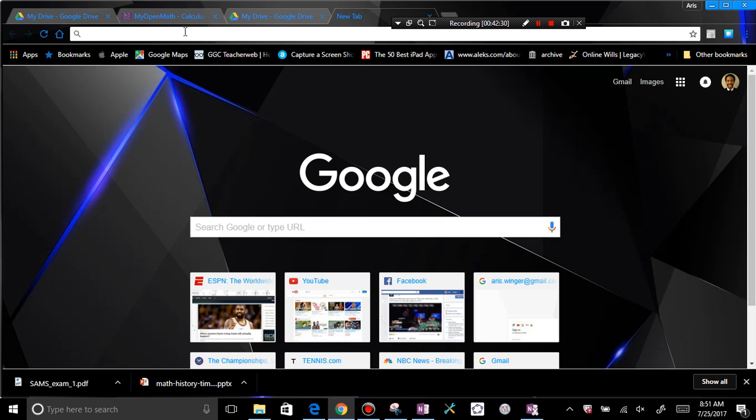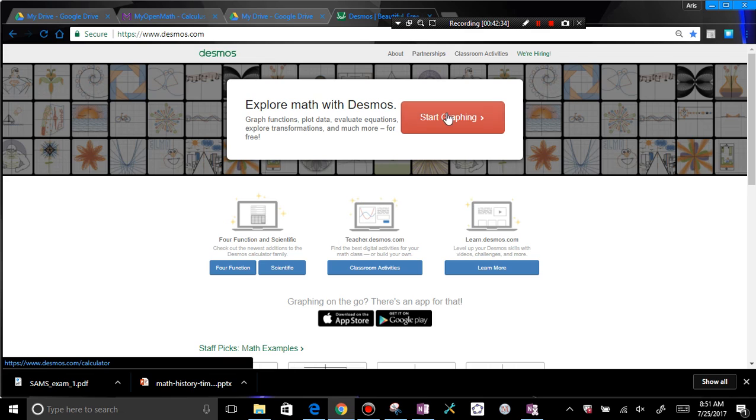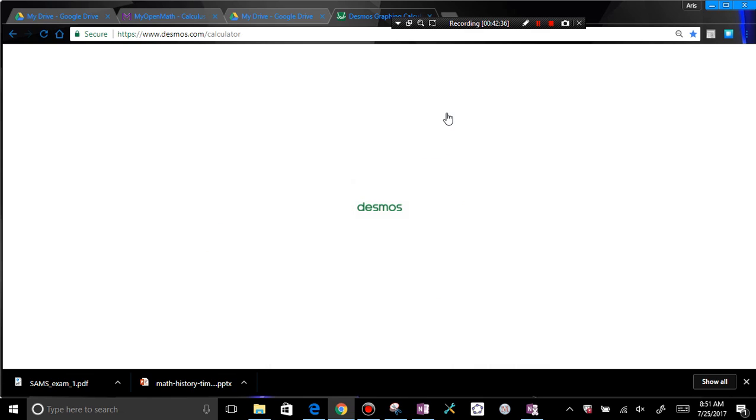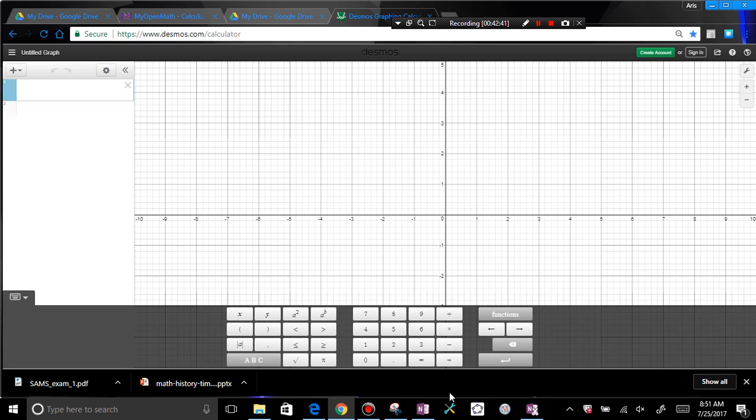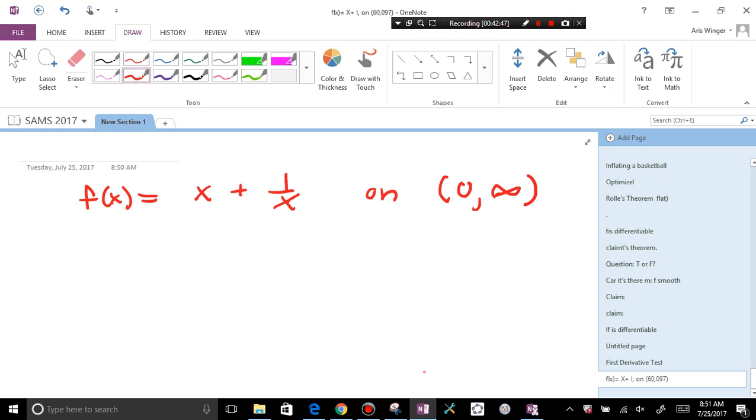You can get a graph of that. x plus 1 over x. We're about to graph it. We know that this has a minimum on the positive x-axis, on this domain. How do we know that?